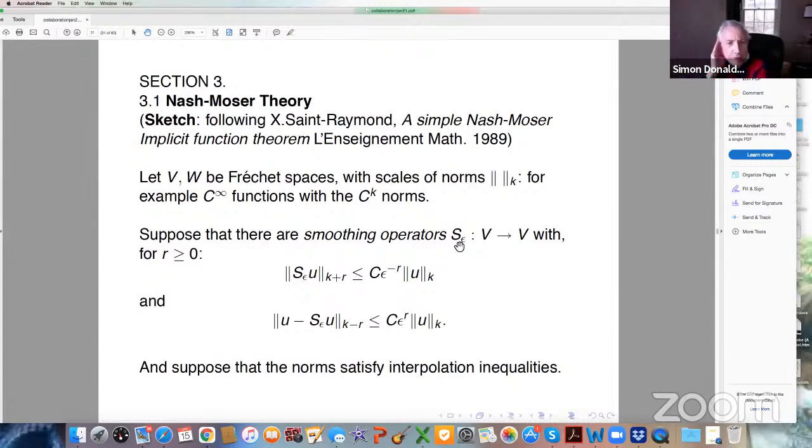Or you could think about it in terms of Fourier series, where we define the operator by removing or reducing the high Fourier series terms, or the high part of the Fourier transform. There's also another more technical condition that these norms should satisfy certain interpolation inequalities, which again are standard in the case of these kinds of function spaces.